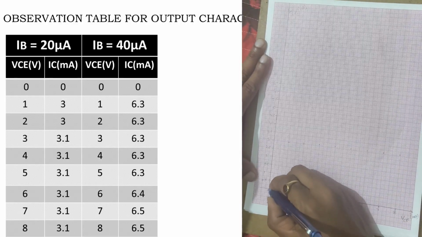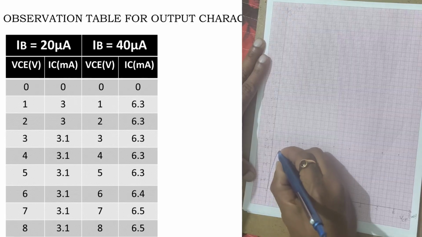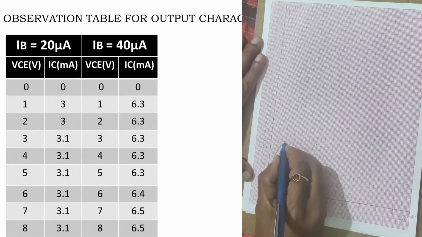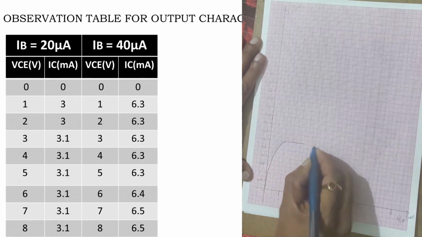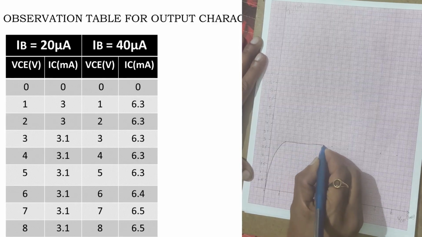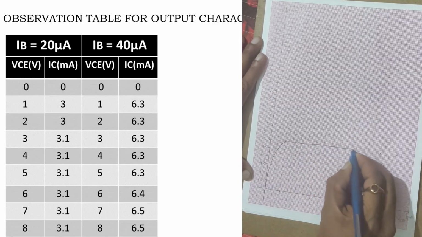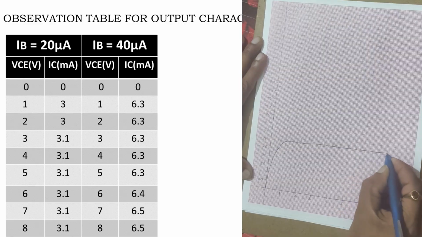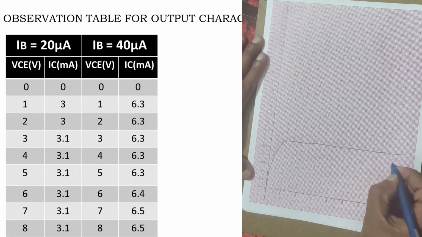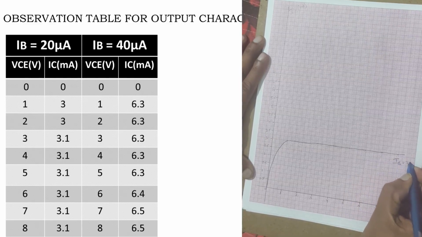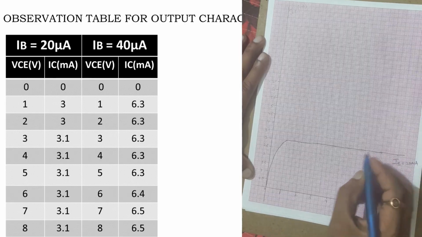By connecting all these points, this is for IB equals 20 microamperes.